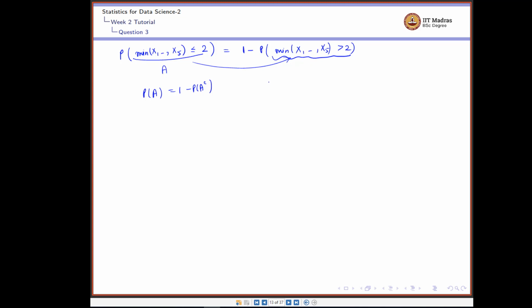So if we proceed further, you'll write 1 minus the probability that X1 is greater than 2, X2 greater than 2, up to X5 greater than 2.